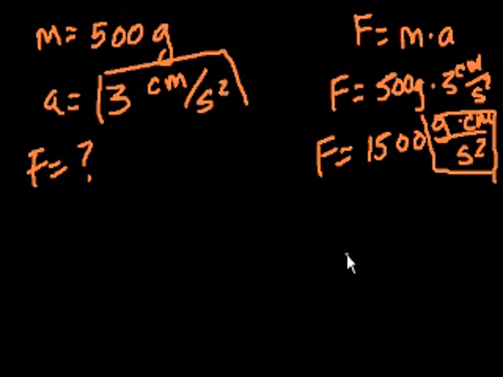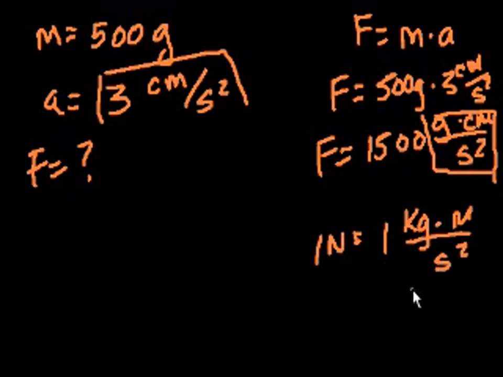And what are newtons? Well, we learned when we did Newton's laws that 1 newton is equal to 1 kilogram meter per second squared. So somehow we have to convert the grams to kilograms, and we have to convert the centimeters to meters. We could do it after the fact, or what I find easier is to convert the mass and the acceleration units first, and then just do the F equals ma.